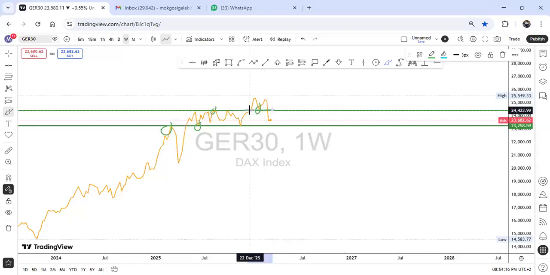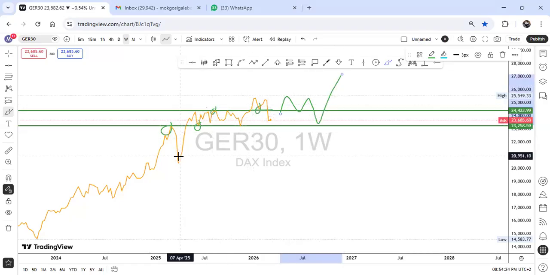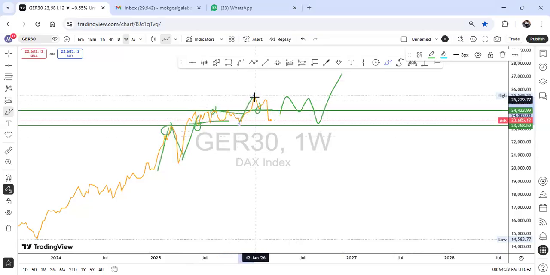They broke, and then they gave us a reason why they are doing this because of the information that was created. And then we've been impulsive, then corrective, then impulsive, then a deeper corrective, and then another impulsive, another deeper corrective. They are trying to respect this level.